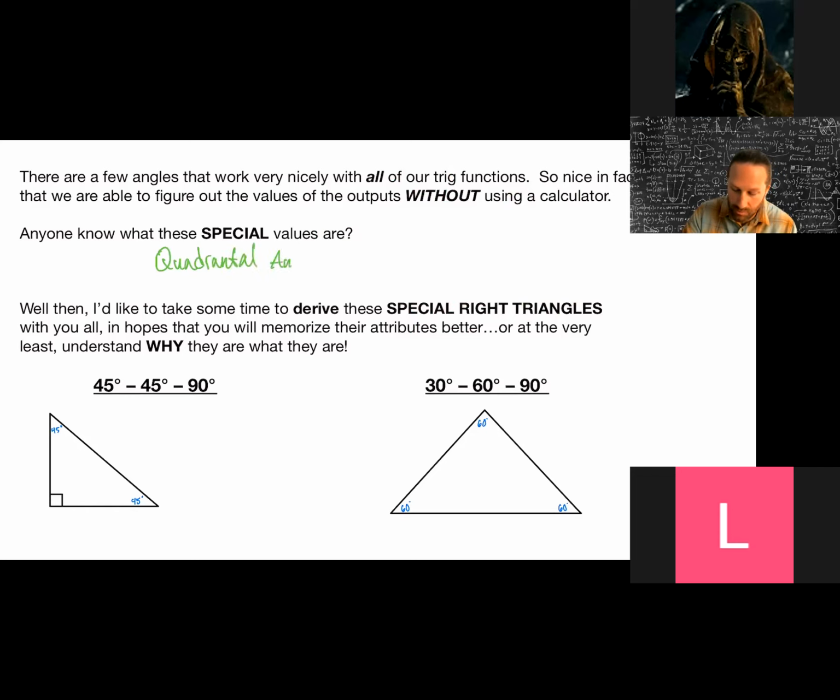But what about if we don't land directly on one of our 4 quadrants? Then that means we're in quadrant 1, 2, 3, or 4.